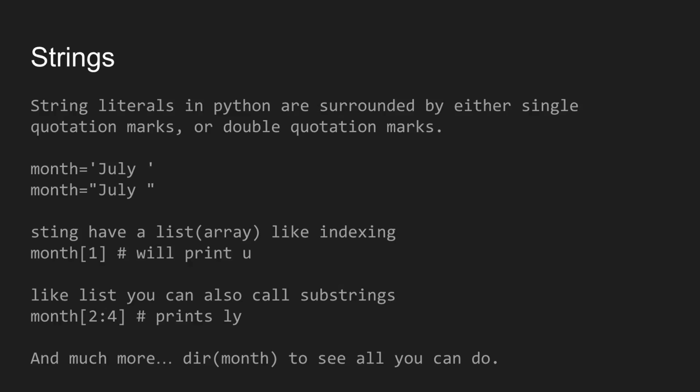So you could actually slice based on the string. I can't think of an example of this in Bash or in Perl, but say for instance month index 1, you get the U out of the string, okay?